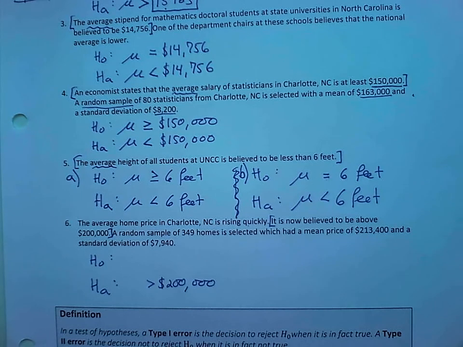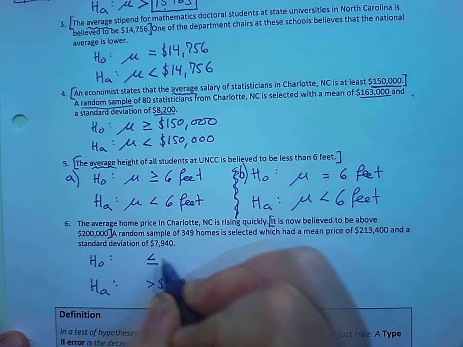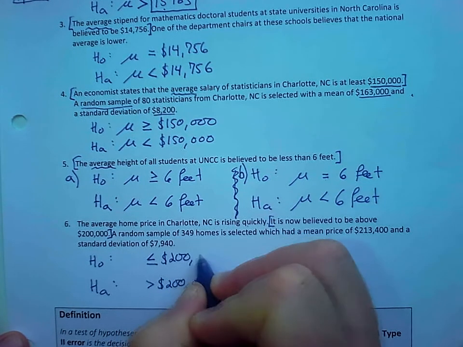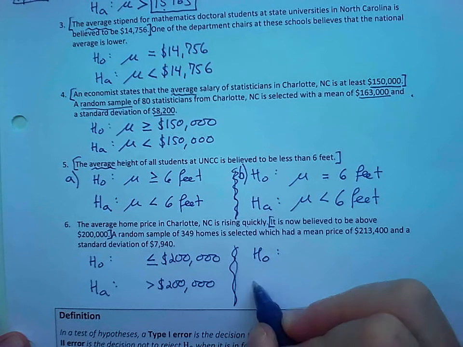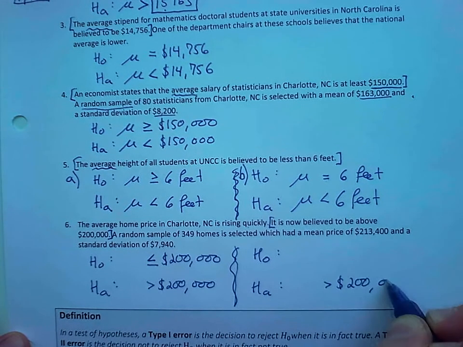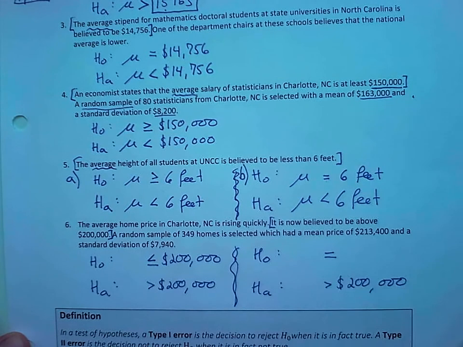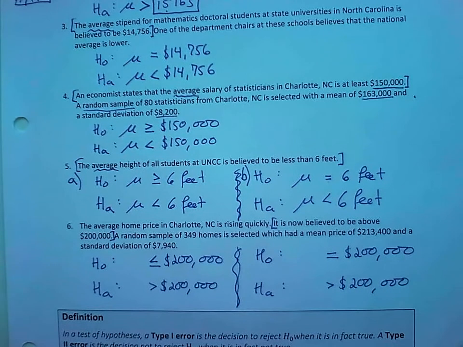We can either use the complement of our alternative hypothesis, which is less than or equal to $200,000, or we can also use strictly equal to for our null hypothesis. Again, either one of these is a correct answer for this class.